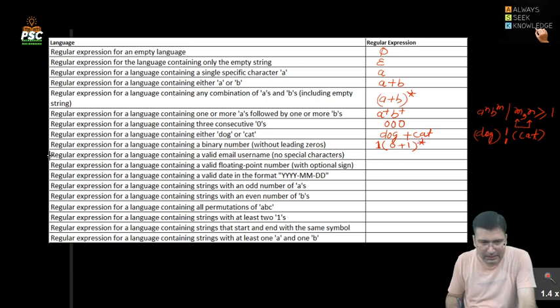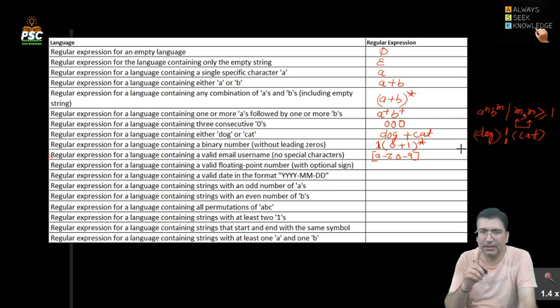Then this expression, a regular expression for a language containing a valid email username, no special character. So this is an easy case. If there is no special character, only username, you can say A to Z, and let's say if you are allowing numbers also, then you can write 0 to 9, and you can put this inside the square bracket.